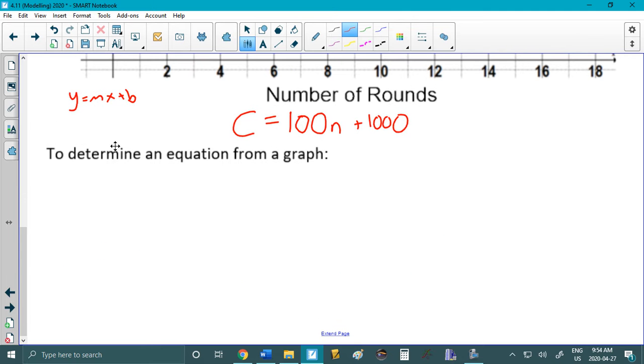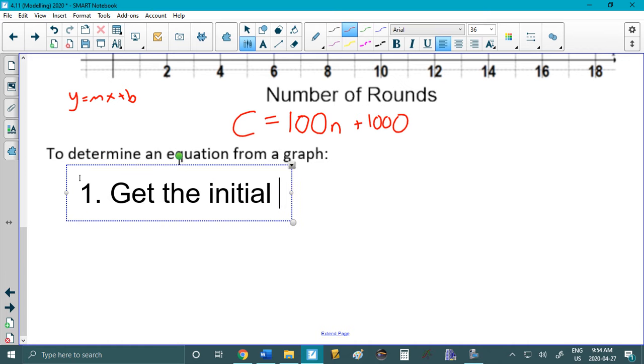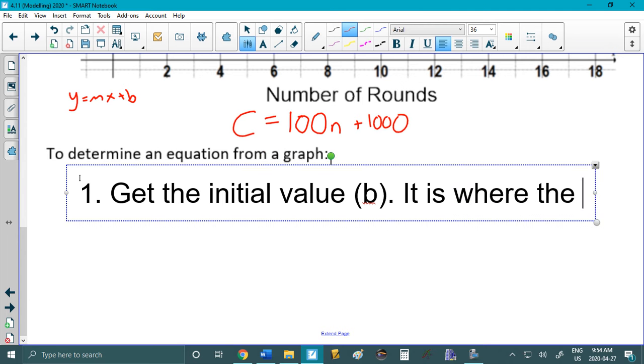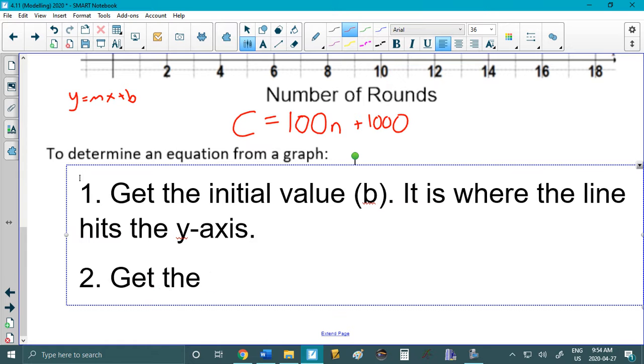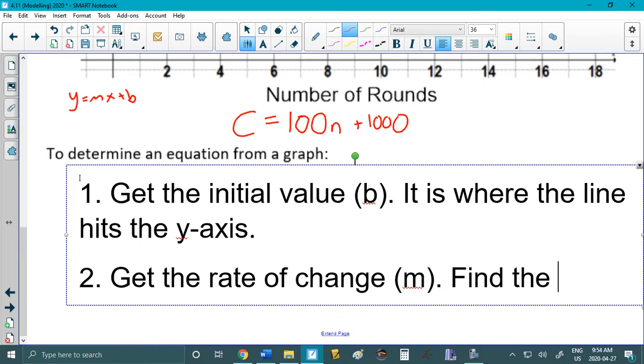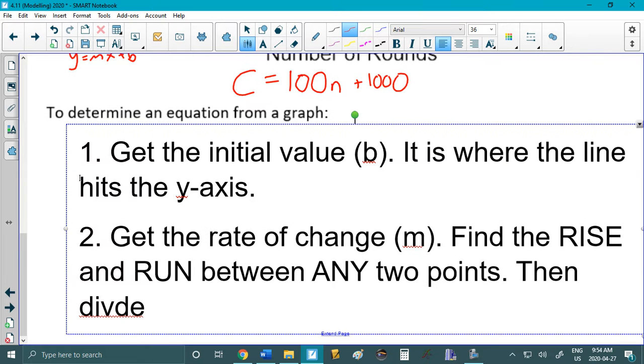So here are your steps to determine an equation from a graph. Step 1, get the initial value, the b value. It is where the line hits the y-axis. Step 2, get the rate of change, m. Find the rise and run between any 2 points, then divide rise over run.